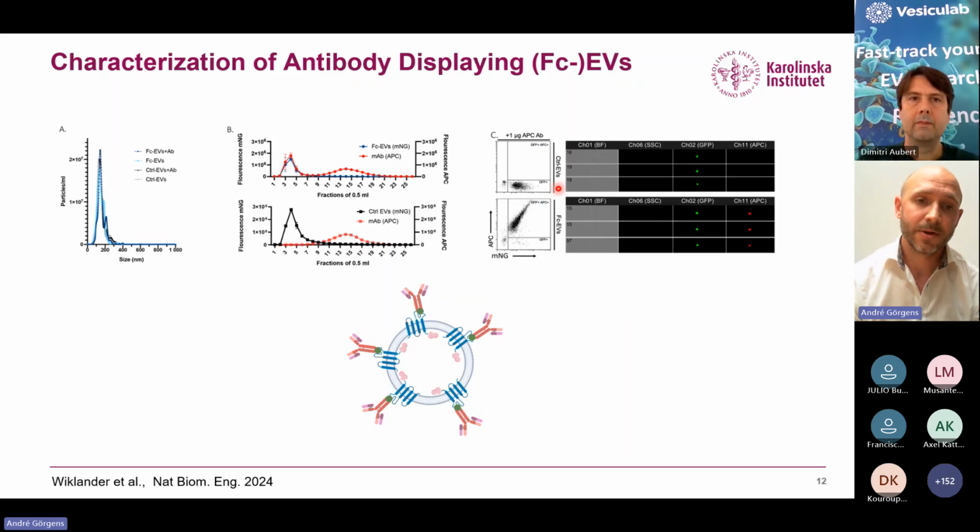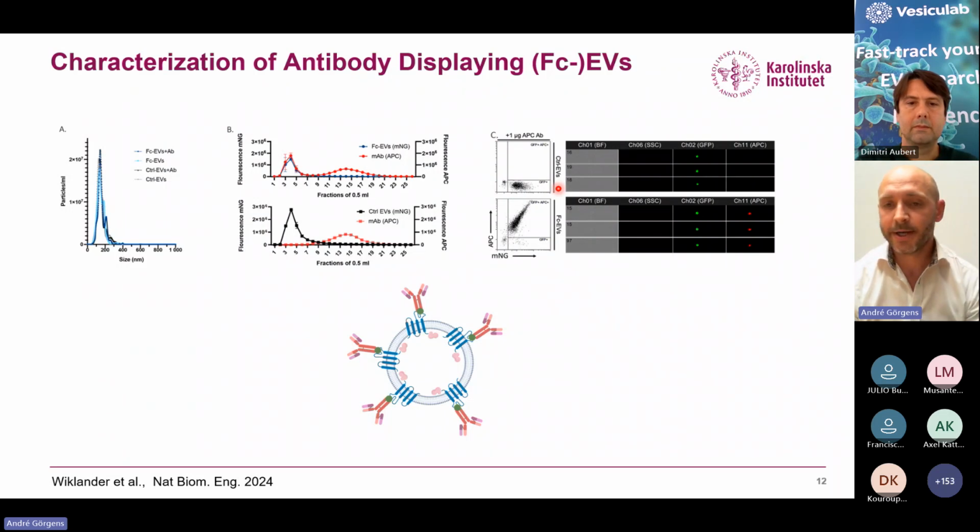As you can see in the upper graph, the antibody and the EVs co-elute in the same fractions as the expected EV fractions. In the lower graph, you can see that the control EVs elute by themselves at those fractions, whereas the antibody, when there's no Fc-binding part, elutes at much later fractions.